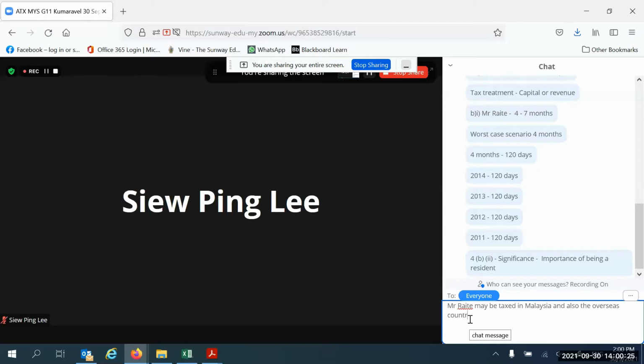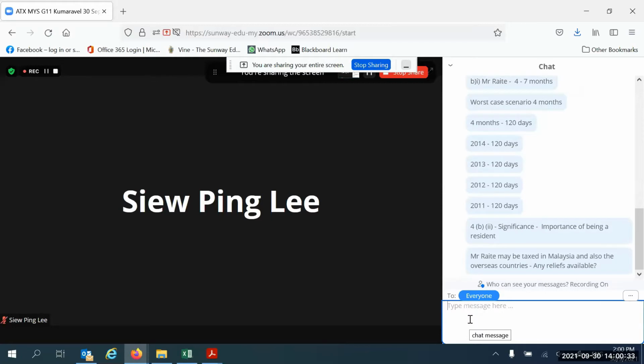So any reliefs which are available for them or not? So this is what it means. He may be taxed in Malaysia and also the overseas countries. Is there any reliefs or not?